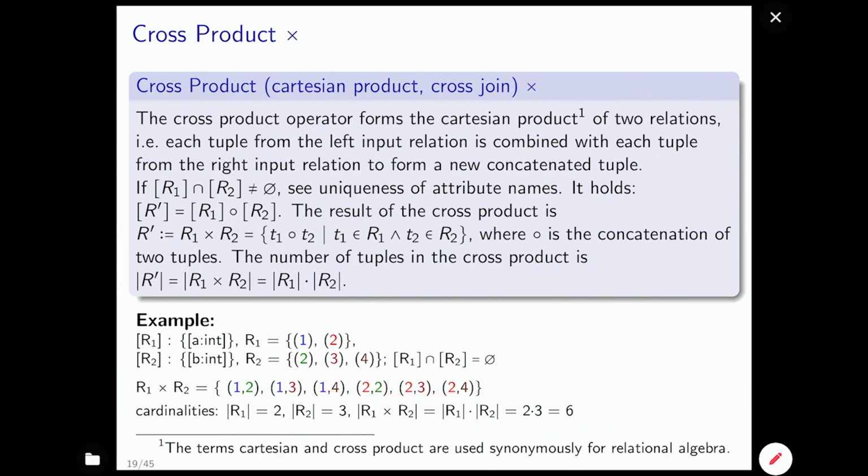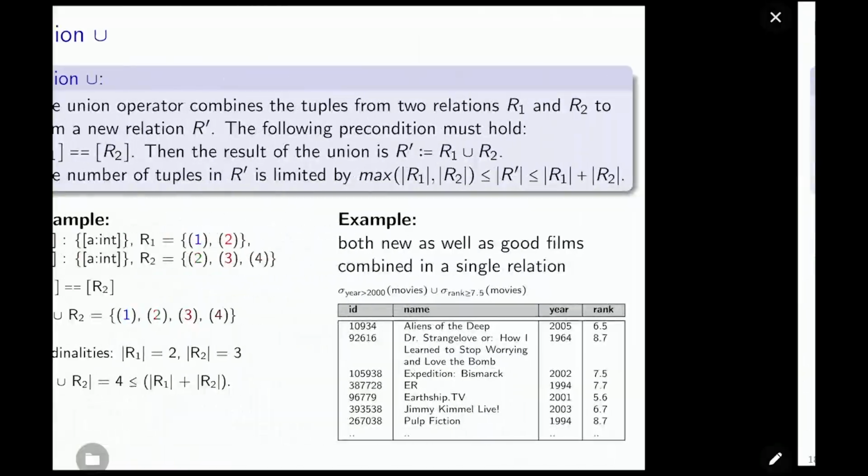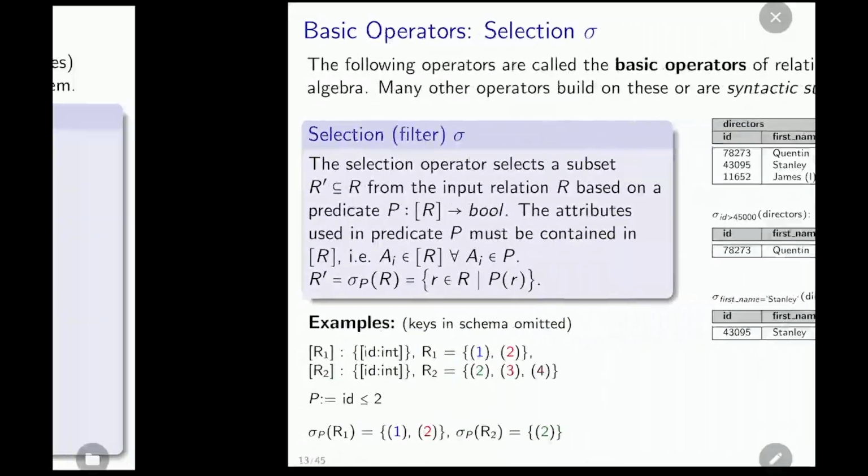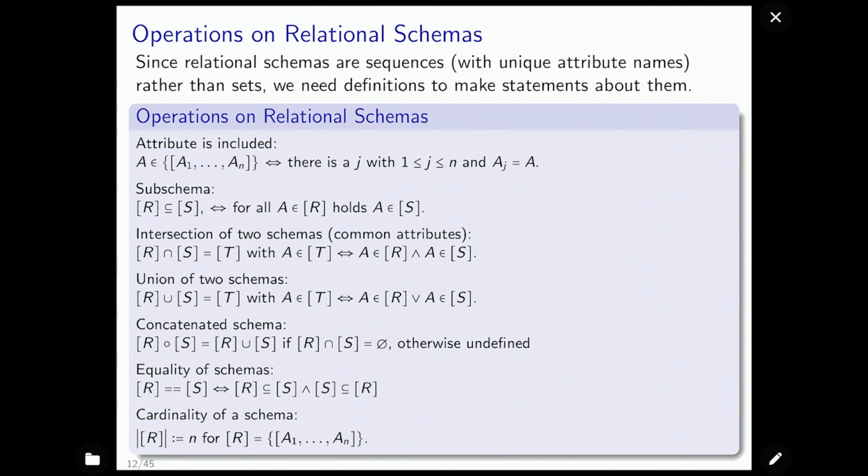So basically, what we do is a concatenation of tuples from both input relations. And important, of course, is that we create a concatenated schema. That's what I had on the slide where I introduced these. Let's go back to that. So this is where I define the concatenation of schemas.